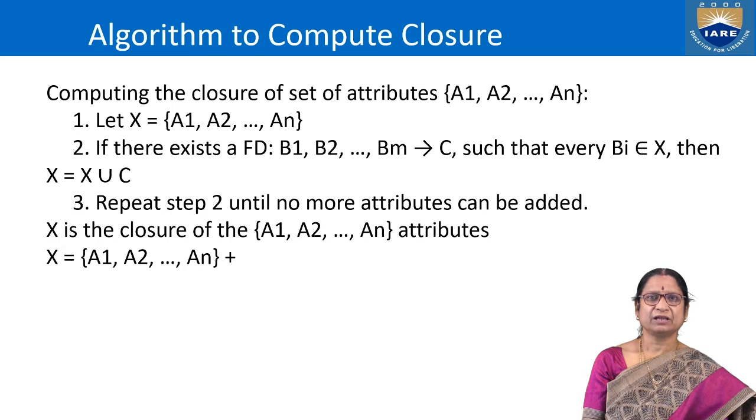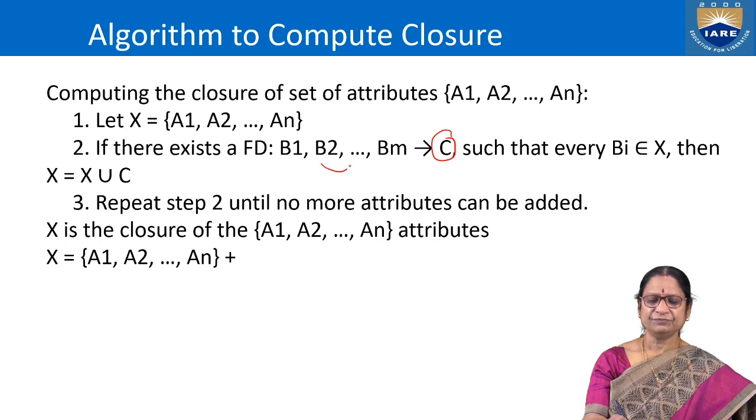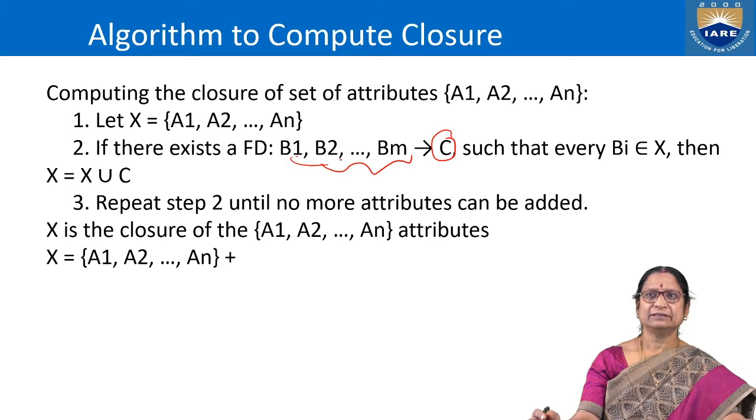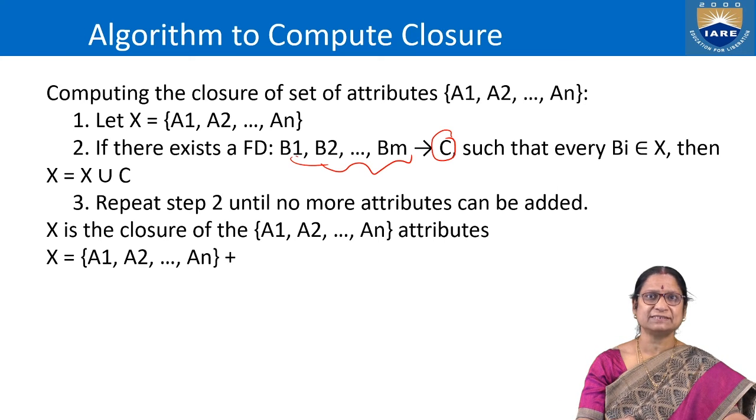Now I need to find whether there exists an FD such that B1, B2, ..., Bm determines C, such that the B's belong to X. If they belong to X, then that C on the right hand side can be newly added to my attribute closure. If the determinants already exist, the right hand side should also exist, so we add it.